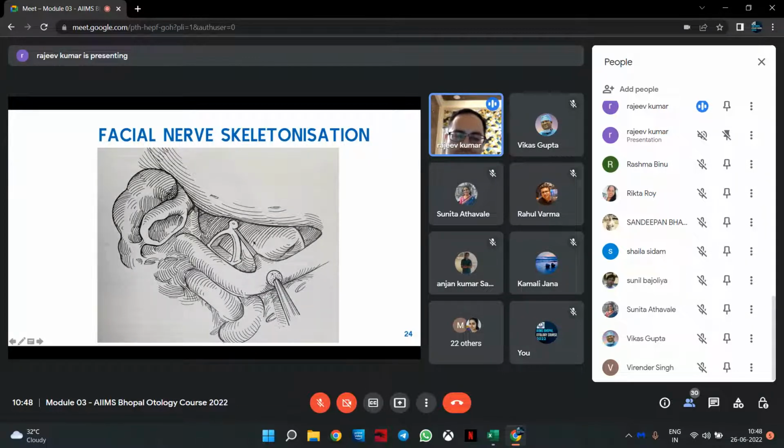All the residents know that most of the disease is left in the sinus tympani around the oval window niche, and from there residual disease is left and the need for revision surgery arises. So to clear this disease, you have to skeletonize the nerve nicely so that you can see these nooks and corners of recesses in the middle ear.